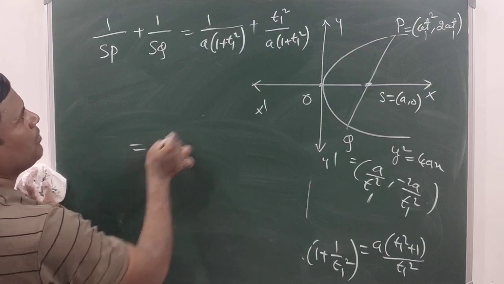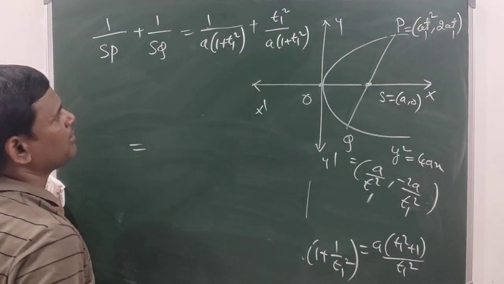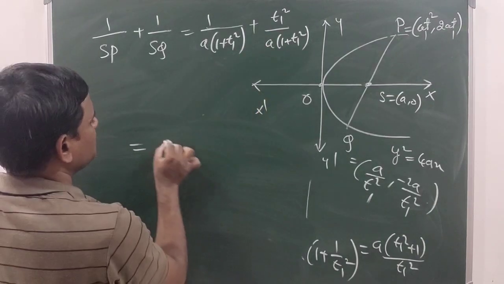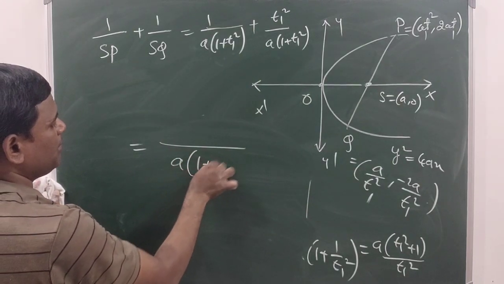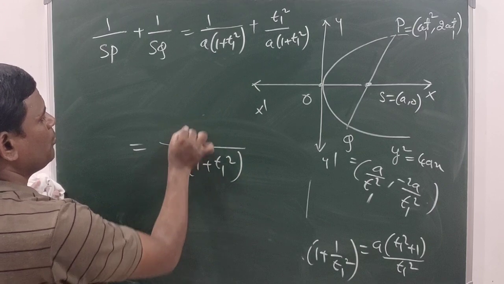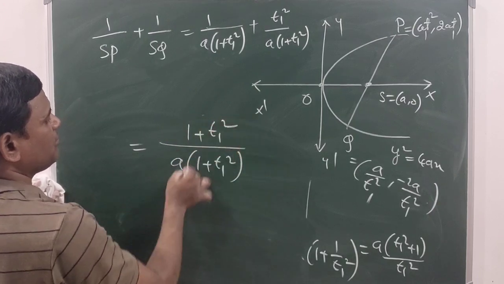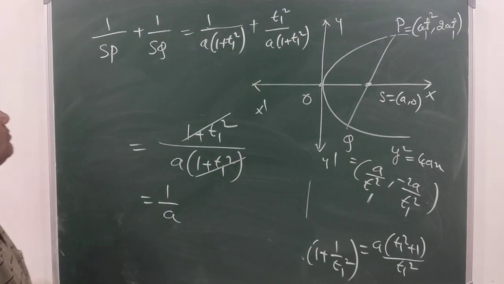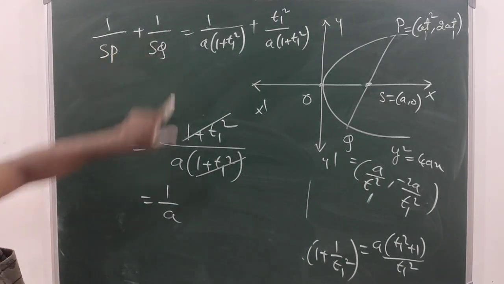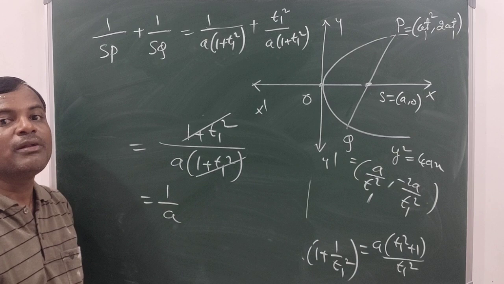In the next step, from both, the denominator is the same now. So in such a case, you can add the numerators. A of 1 plus T1 square in the numerator, 1 plus T1 square. Both are cancelled. So 1 by A. 1 by SP plus 1 by SQ is equal to how much? 1 by A.